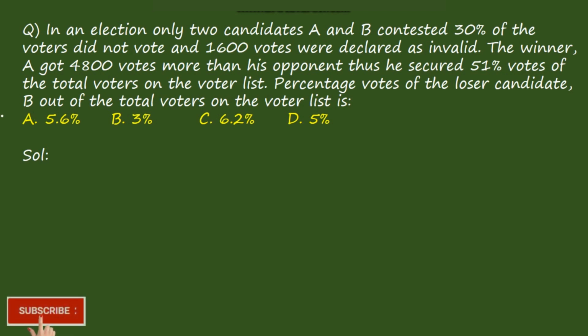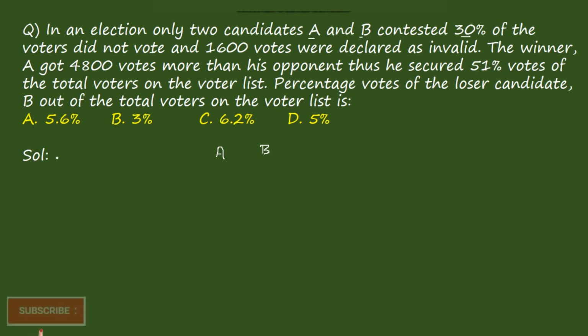Okay, first we understand the question. They're saying that in the election, only two candidates A and B contested. 30% of the voters did not vote.